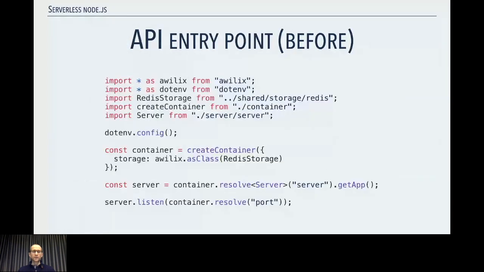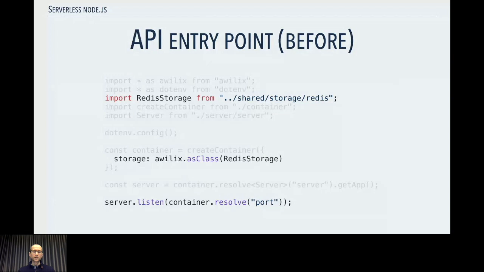We had our entry point where we were injecting our storage into a dependency injection container, where we then got the server, the application, from our container, and listened on a proper port. That actually started our server, and it was listening for incoming requests.